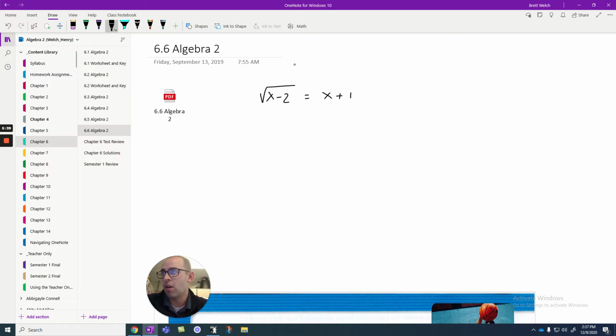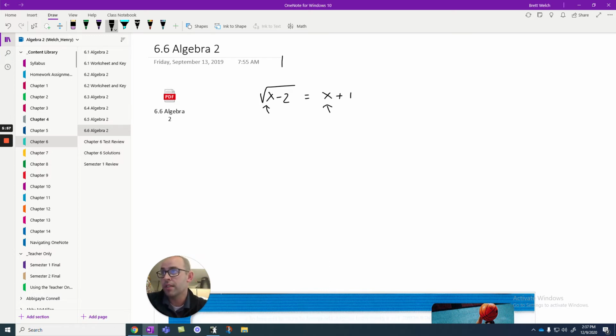We can't solve for this x without also affecting that x. And it's a complicated process to try and think, how could I square root this x but not square root that x? It's a lot of thinking. So the approach that we take is to simply isolate a square root.